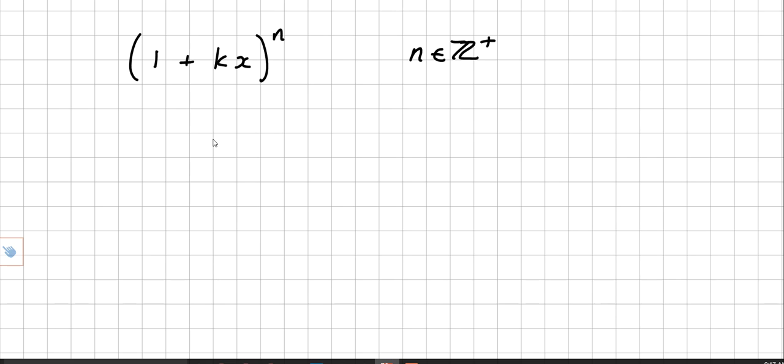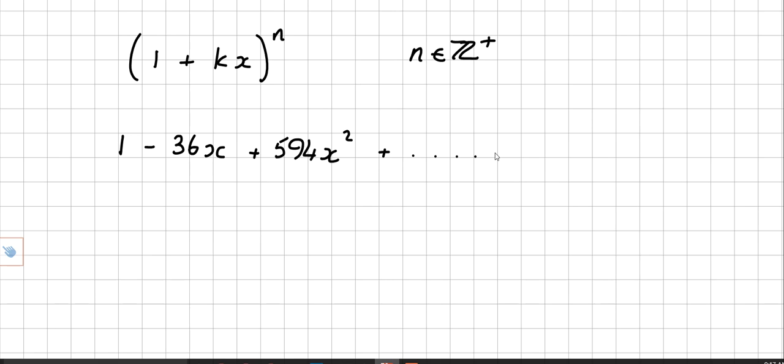Do you want to read the question? Maybe we can answer that question. Where n is a positive integer, in ascending power of x is 1 minus 36x plus 594x squared plus.